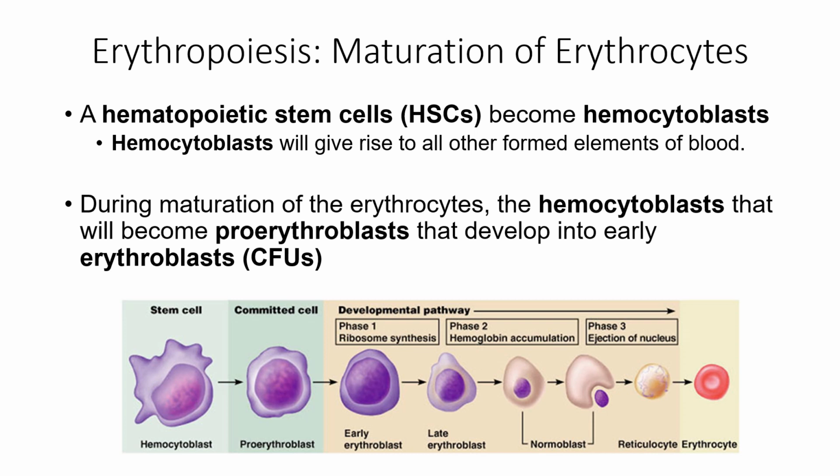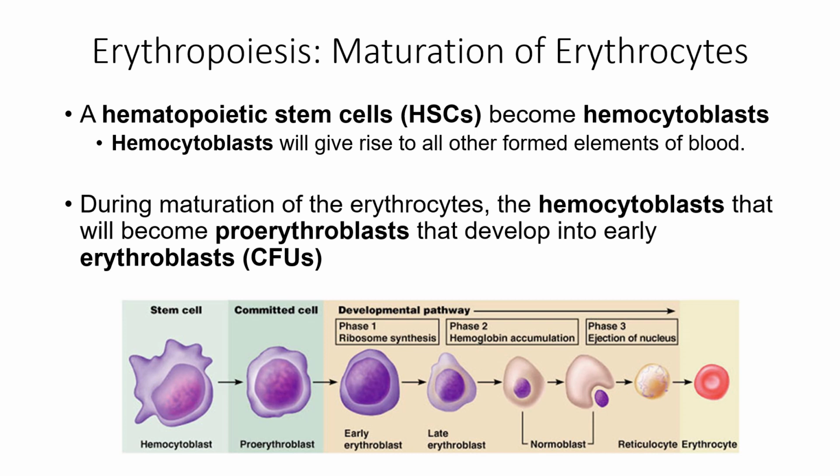During the maturation of erythrocytes, because we're specifically talking about erythrocytes here, the hemocytoblasts will become pro-erythroblasts. They'll differentiate, so they're going to take on a specific branch of development by becoming what are called pro-erythroblasts, meaning building cells that are specifically going to build up erythrocytes.